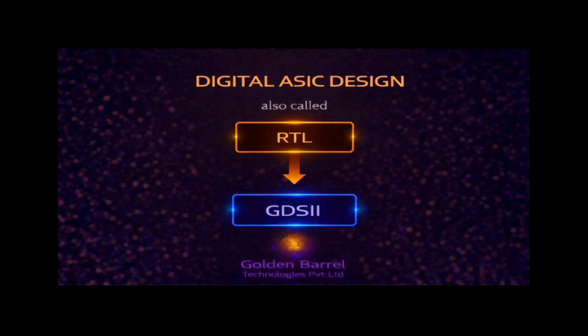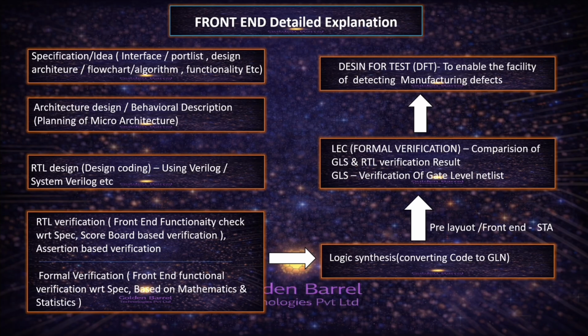I already told you this digital ASIC design flow can also be called the RTL to GDS2 flow. Whether it is a process or a step happening in the VLSI design flow, I am showing everything as boxes for better understanding.